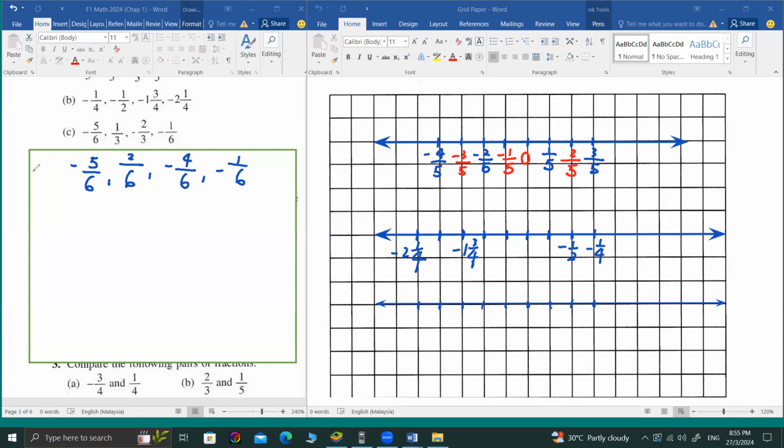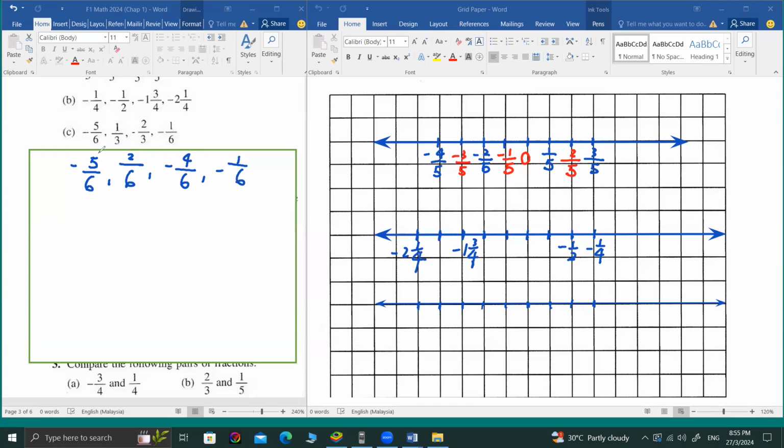Okay, class, I show you this first, because I can't show you all at once. So checking your answer for C, whether it's correct or not. See? 1 times 2, 3 times 2, 2 times 2, 3 times 2, to make all the denominators 6, okay?